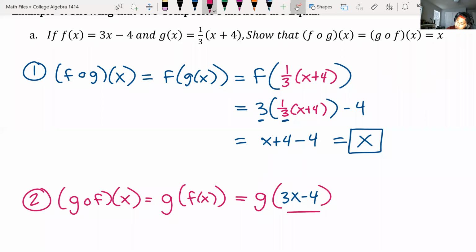And now take all of this and plug it into function g for every x. So we're going to get 1/3 times 3x minus 4 plus 4.